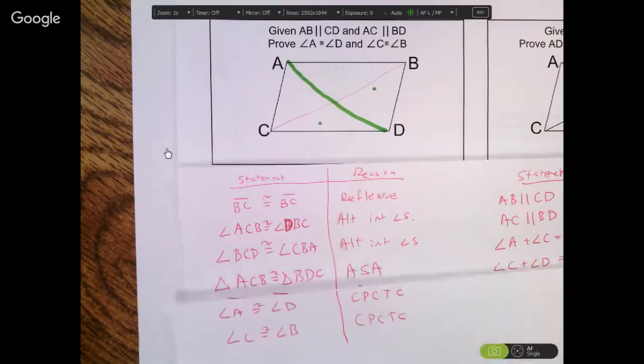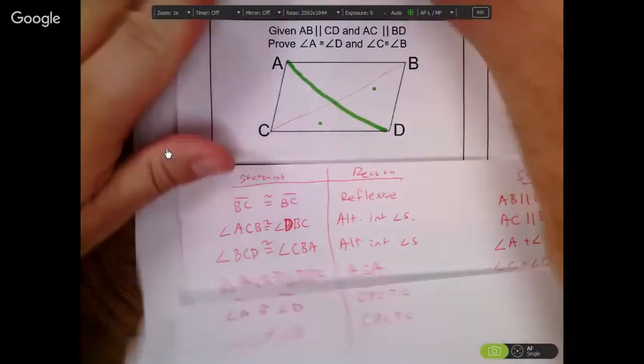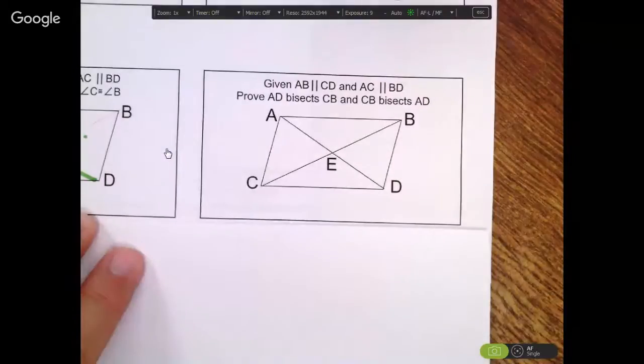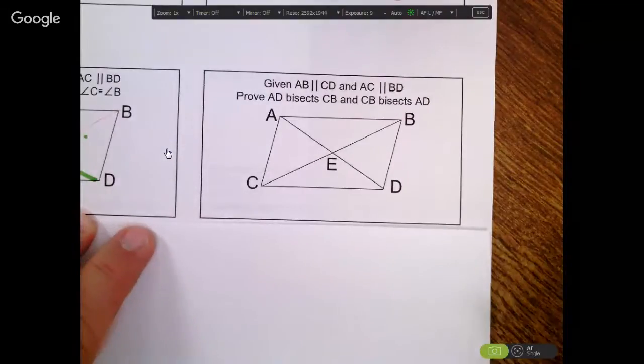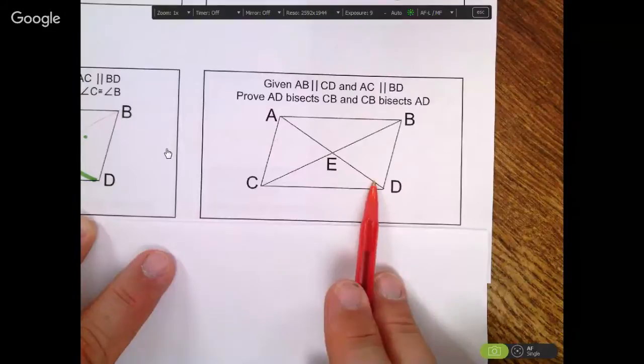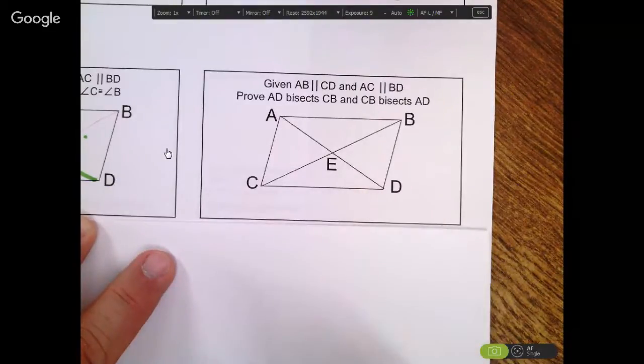For the sake of time, I'm going to skip the fourth proof, but we're going to just talk about it real quick. We want to prove that AD bisects CB and that CB bisects AD.